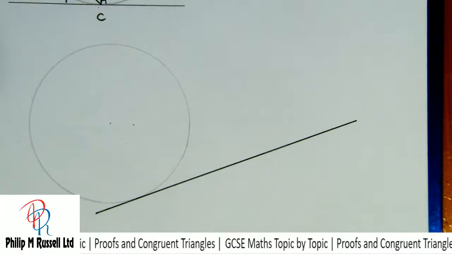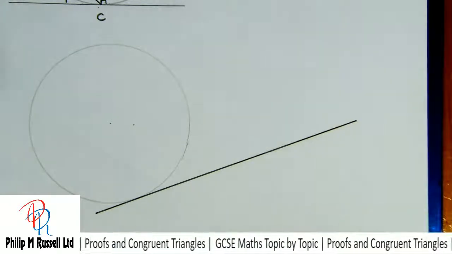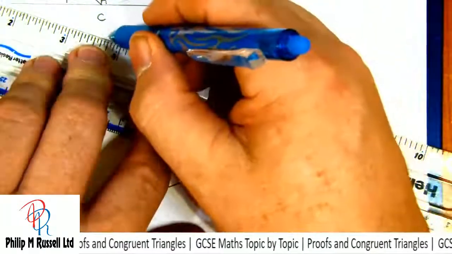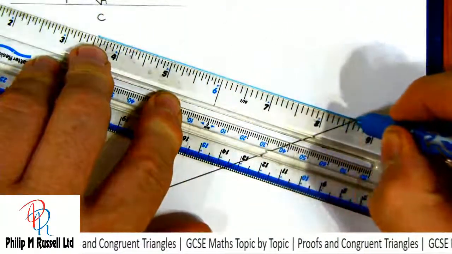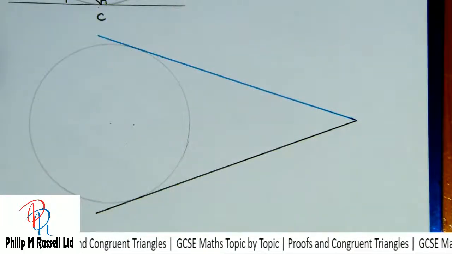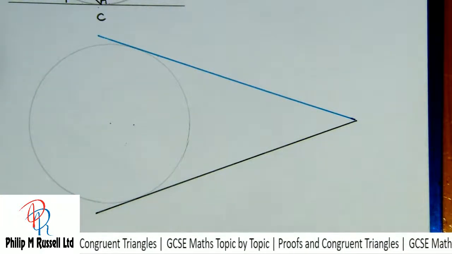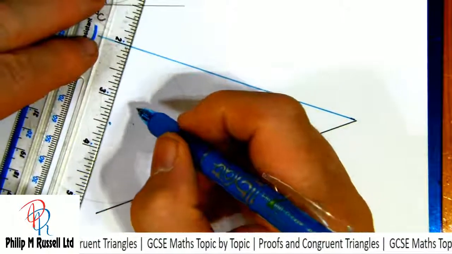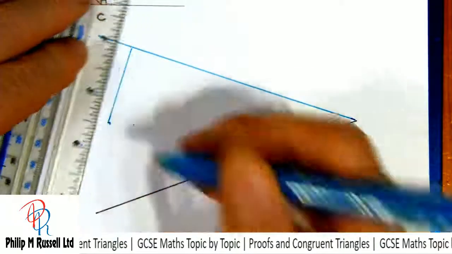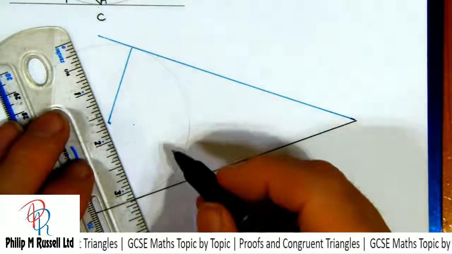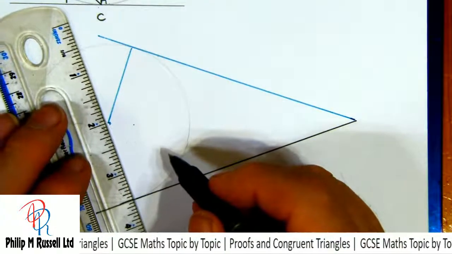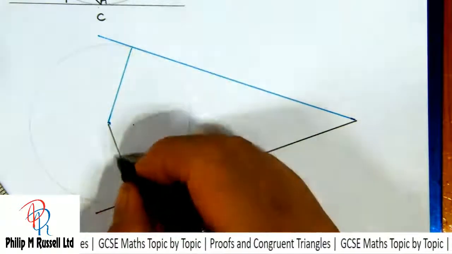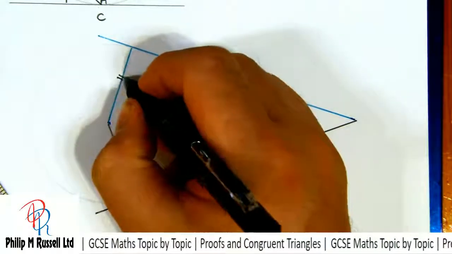What I'm also going to do is draw in another tangent to this. If this is true, then if I have a radius goes out here, this will meet at 90 degrees, and this is going to be true of this one as well. So we know that these two sides are going to be equal.